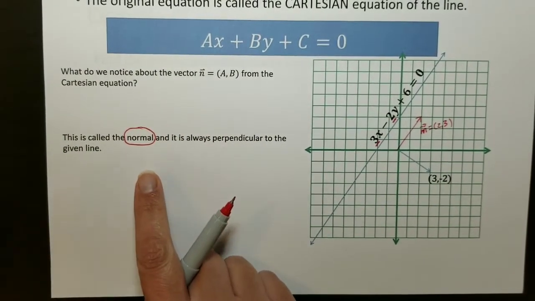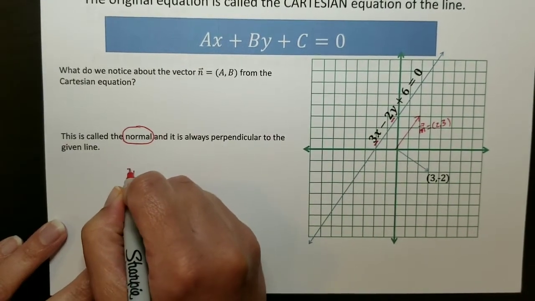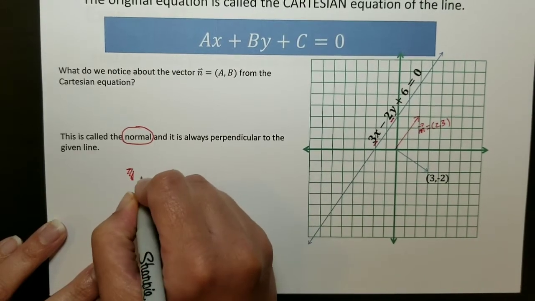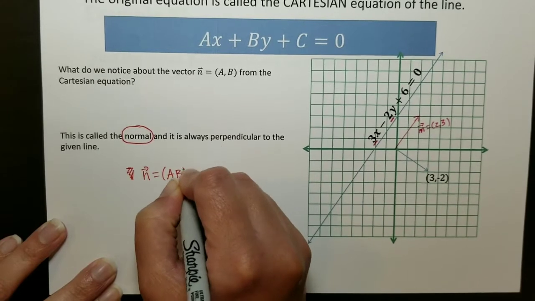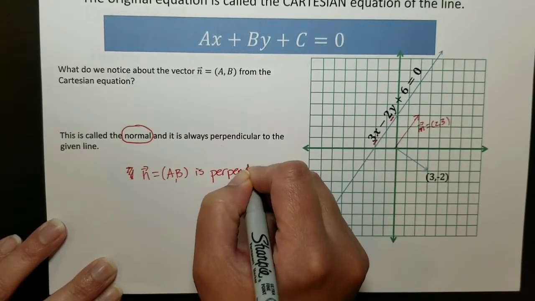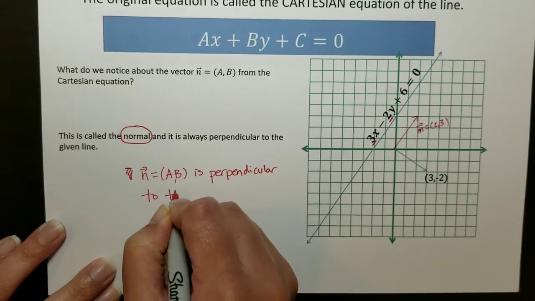So the vector a, b is perpendicular to the line.